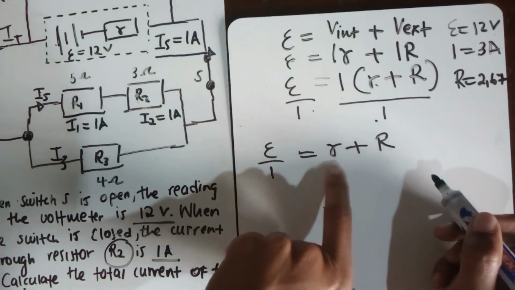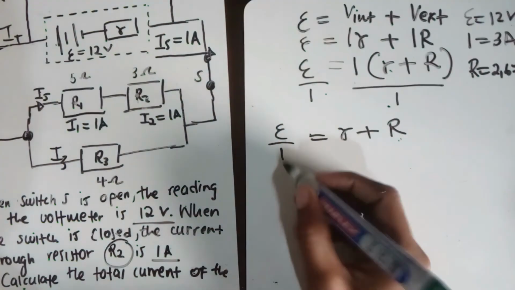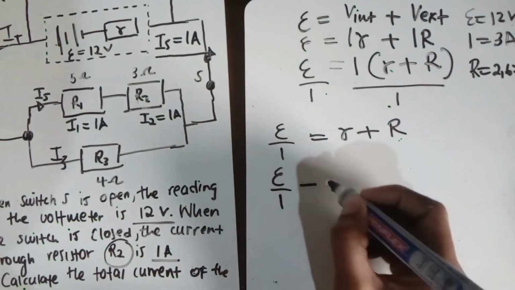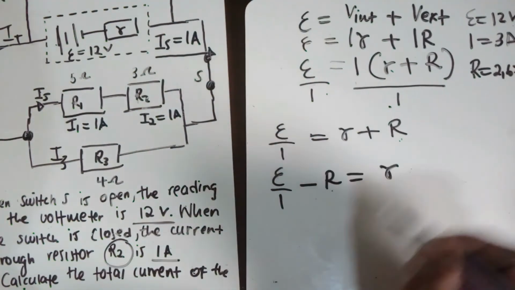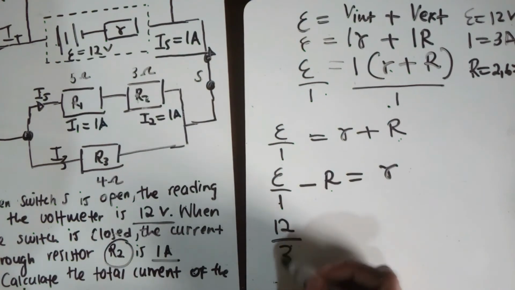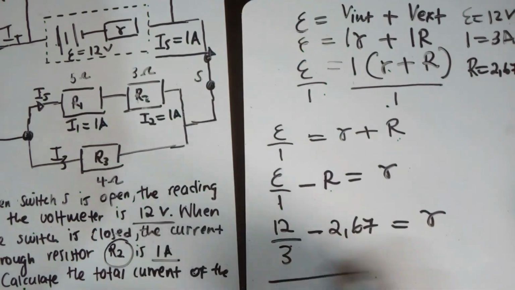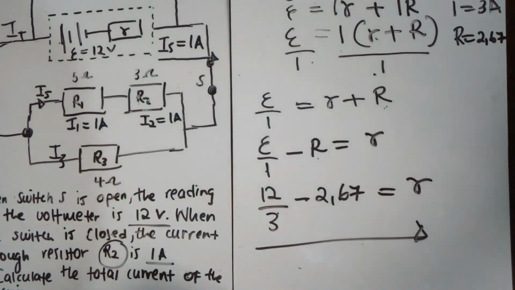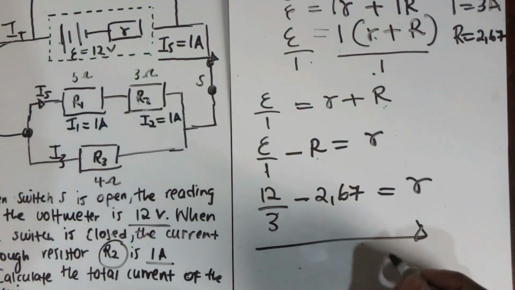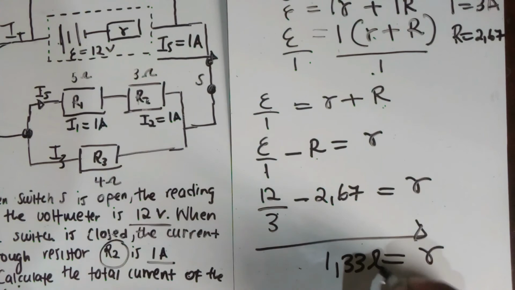We want to be left with r on this side, so we can simply take this big R to the other side: E over I minus R equals r. So we said 12 over the total current, which is 3, minus 2.67, which will give us the value of our internal resistance. And if you put this in your calculator, you're going to find the value of about 1.33 ohm.